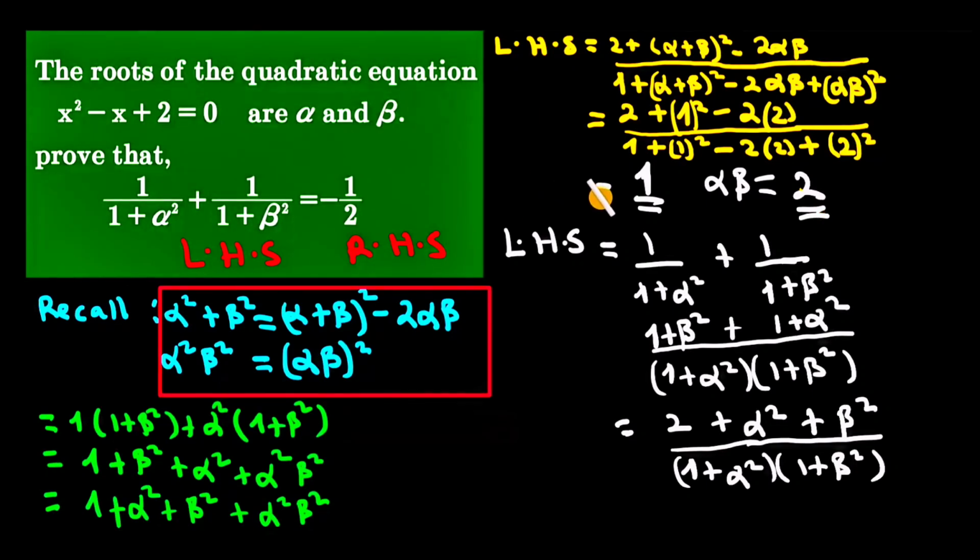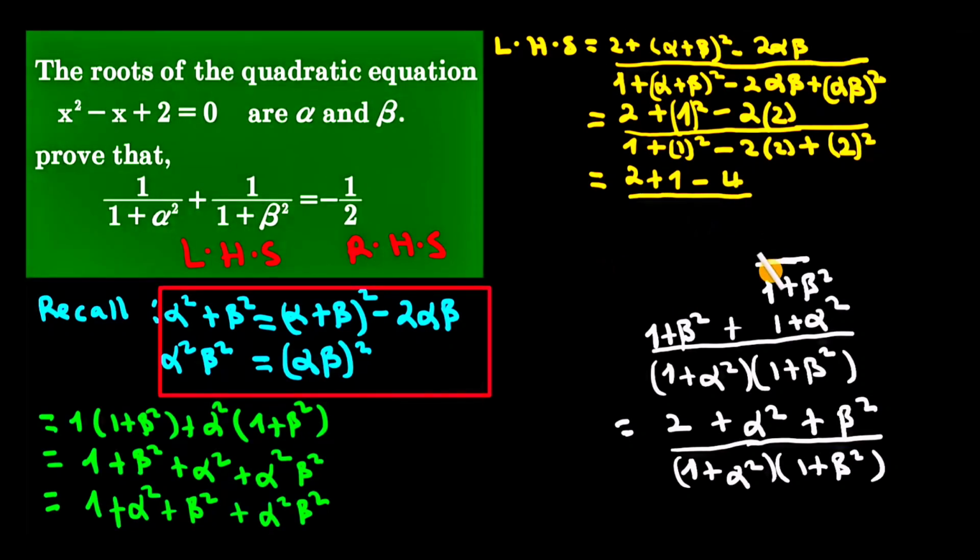I need to simplify this expression. Now this is the same as 2 plus 1 squared. 1 squared is 1, minus 2 times 2, which is 4, all over 1 plus 1 squared, which is 1, minus 2 times 2, that is minus 4, plus 2 squared. 2 squared is 2 times 2, which is 4, that is plus 4.